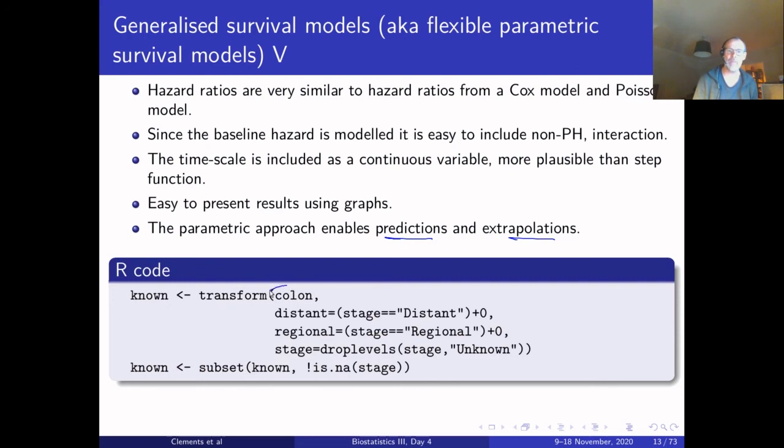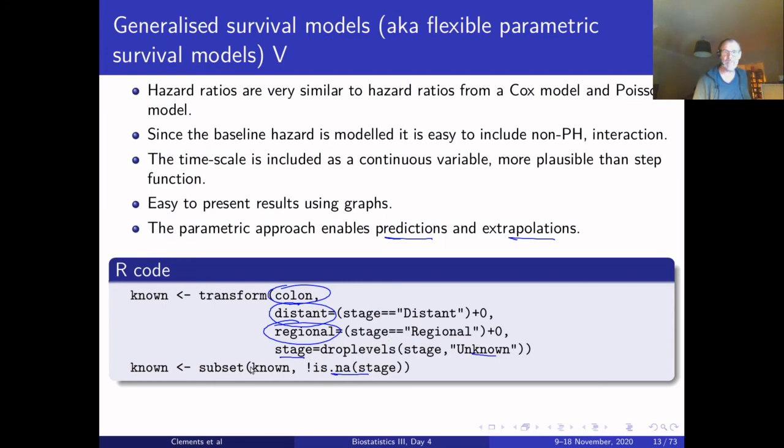So what we do is we take the colon data and add some binary indicators for distant and regional. We drop the unknown stage from the factor, and then remove the unknown stage.